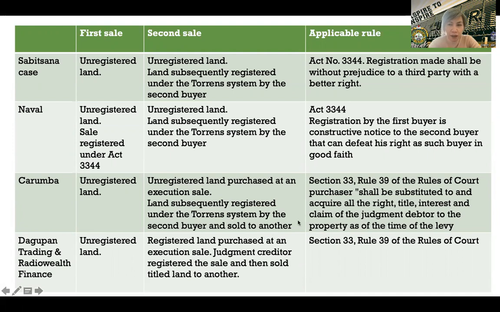In the Gupan Trading and Radio Wealth Finance cases, guys, first sale was unregistered land. But sa second sale, guys, the registered land na, parehistro na ang property at the time of the execution sale. So the judgment creditor was able to register the sale and sold the land thereafter.